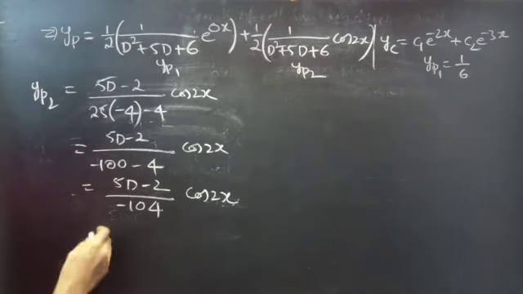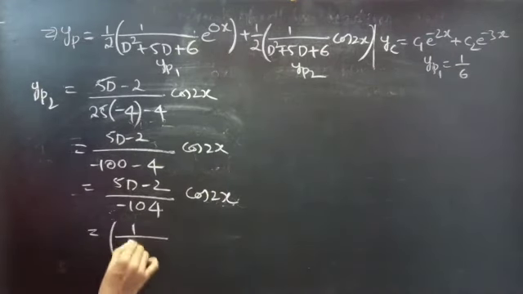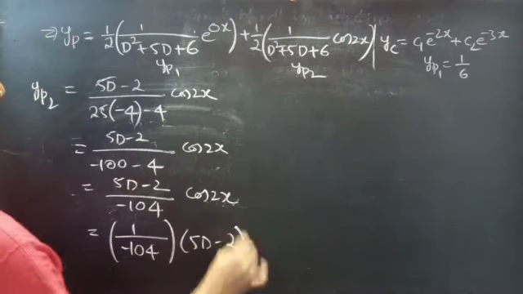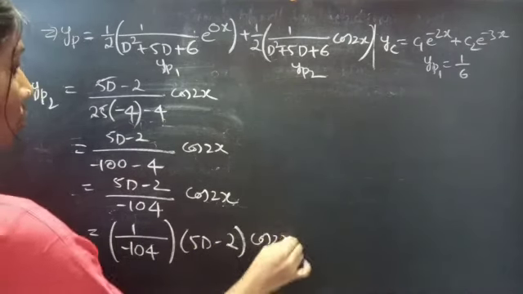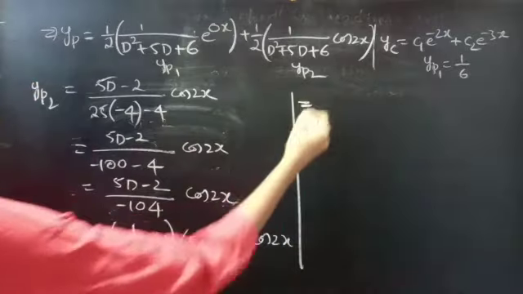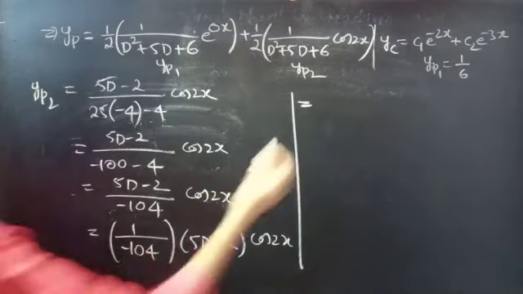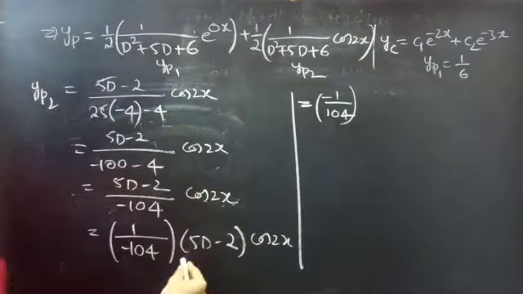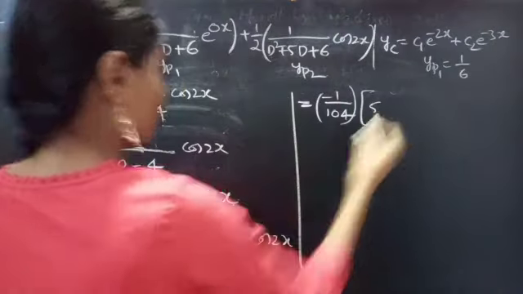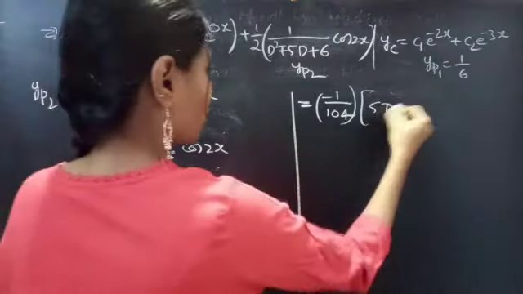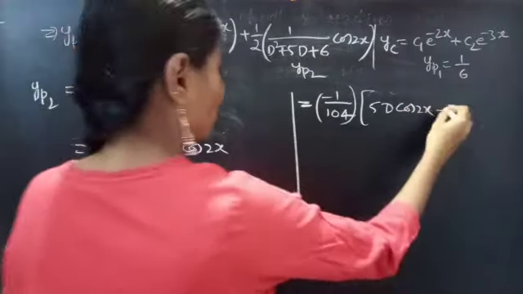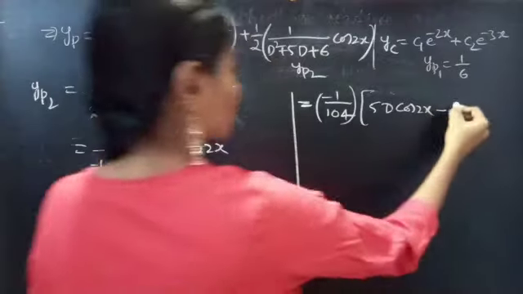We can write this as 1/(-104) (5D - 2) cos 2x, which equals -1/104 (5D cos 2x - 2 cos 2x).